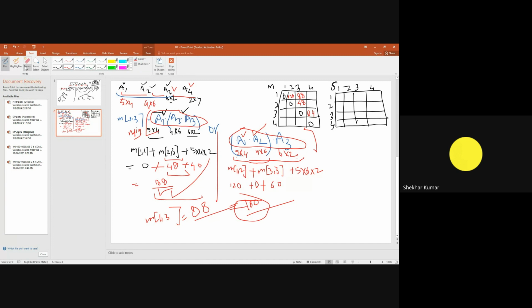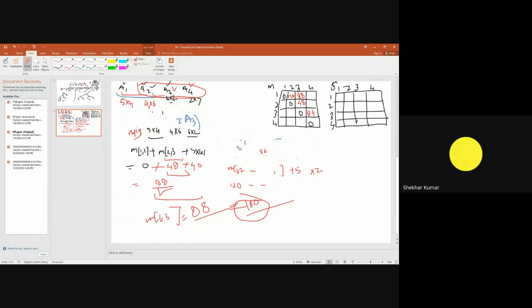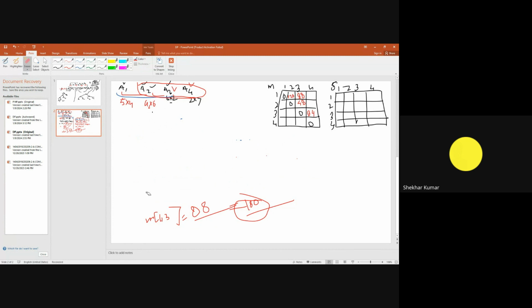What is next? Next is multiplication of A2, A3 and A4. At first we multiplied A1, A2 and A3, three matrices. Now we are multiplying the next three matrices, A2, A3 and A4.